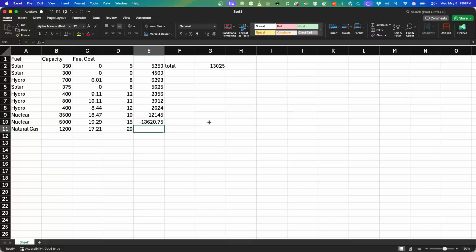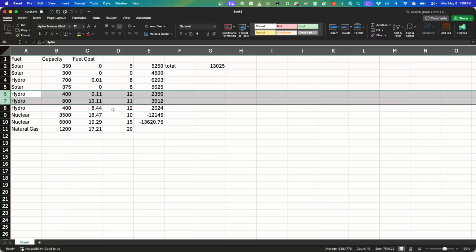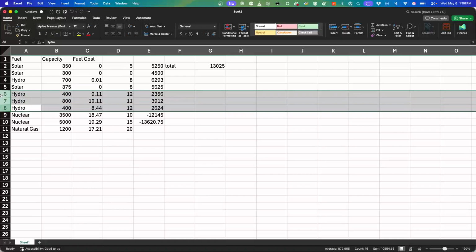So it could be above your fuel price. There's actually a couple examples of this. Both of these examples bid in at 12 and 11, actually here as well, right? So all 3 of these bid in at prices above their fuel cost.